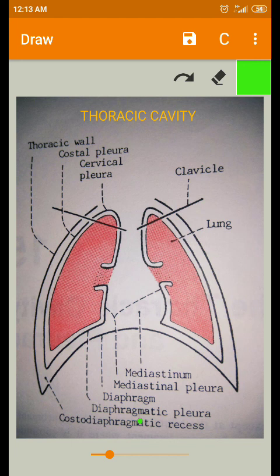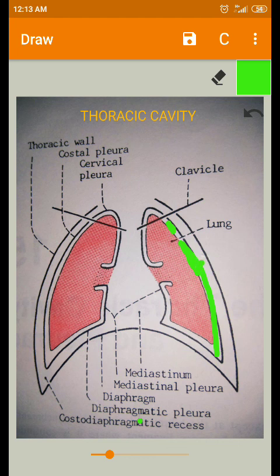One is the costal part. The costal pleura lines the thoracic wall, ribs and intercostal spaces. This layer is loosely attached by areolar tissue called the endothoracic fascia.